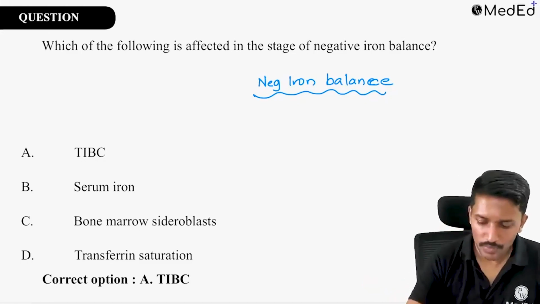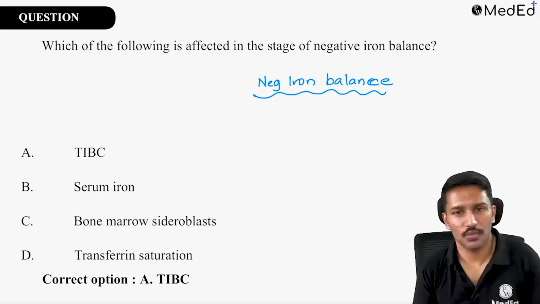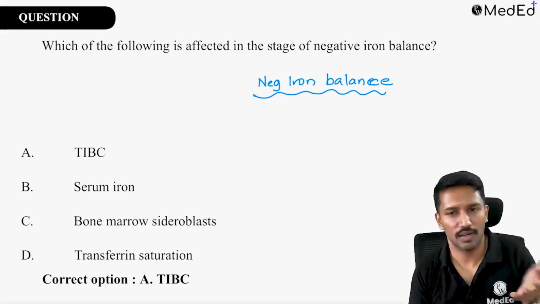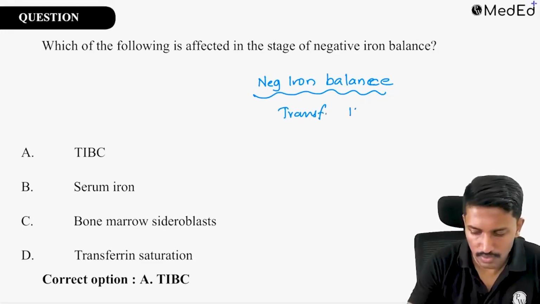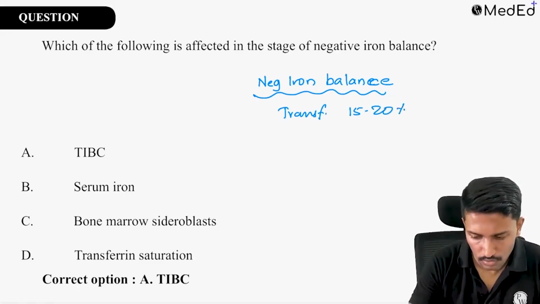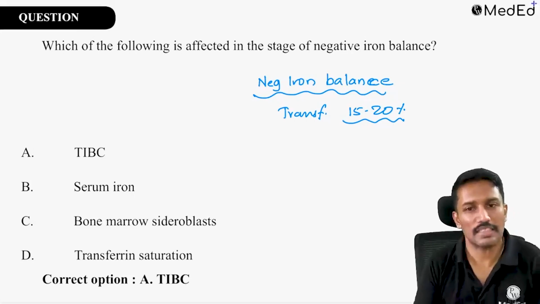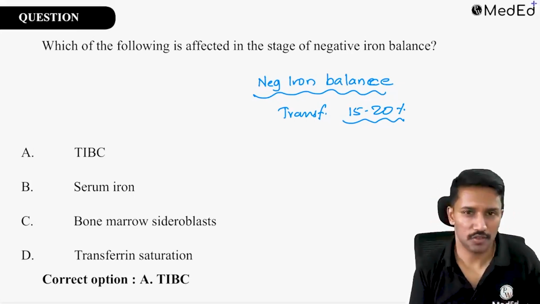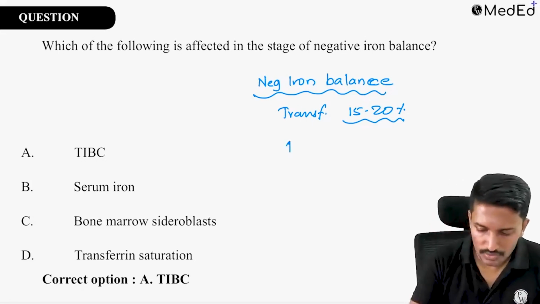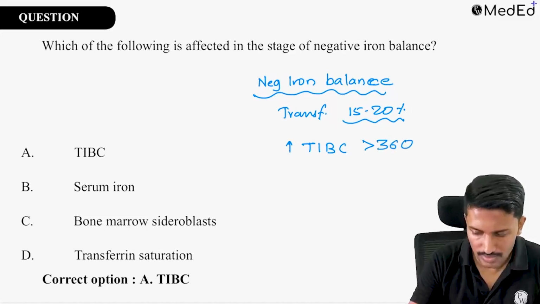Now that drop in transferrin saturation may not be perceptible, right? Generally in negative iron balance, the transferrin saturation will be in the range of 15 to 20%. Generally when it is less than 15%, it leads to perceptible changes. But we can clearly notice a rise in total iron binding capacity going more than 360.